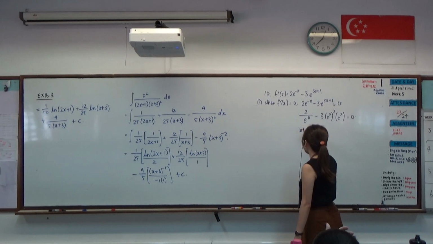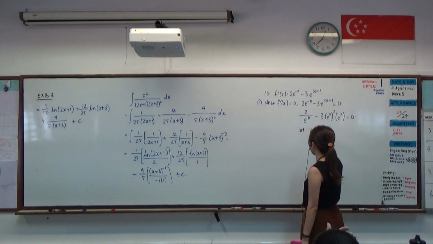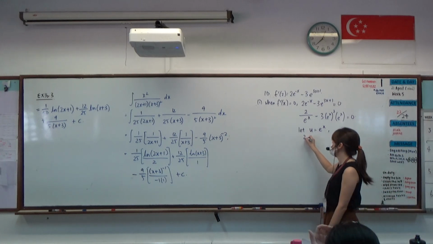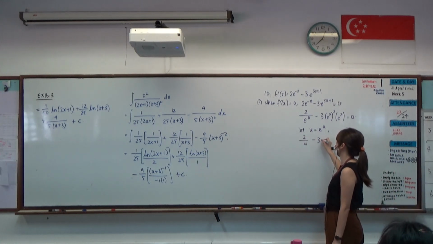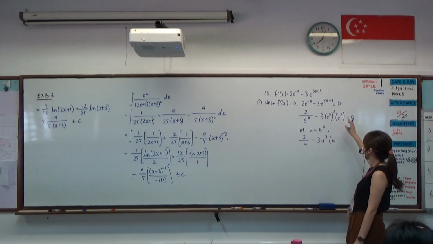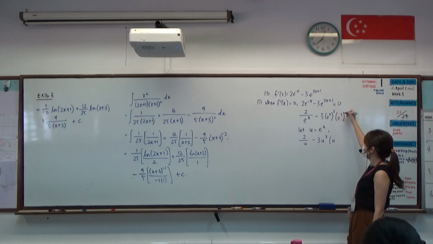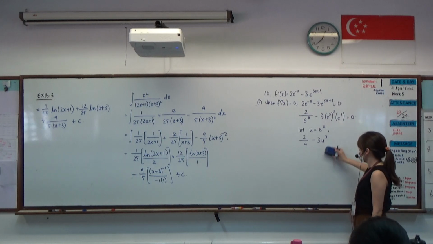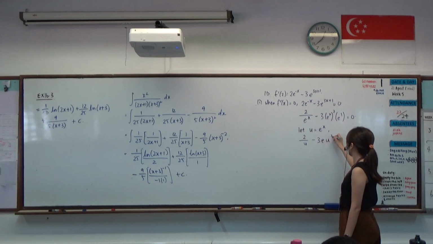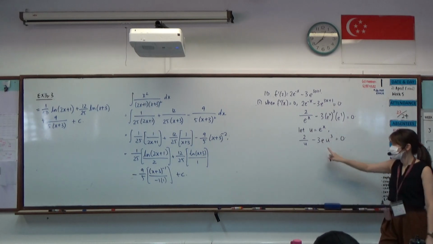I'm sure you recall the method by substitution, that u equals e to the power x. Remember that? 2 over u minus 3u cubed times, wait, this is not x, sorry, just e to the power 1. 3e u cubed equals to 0. e is a number.